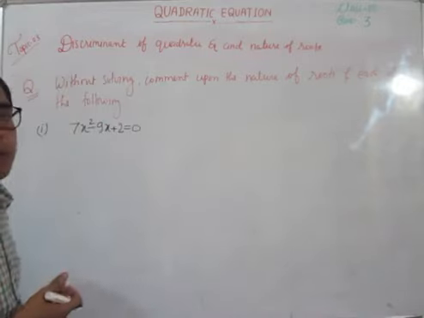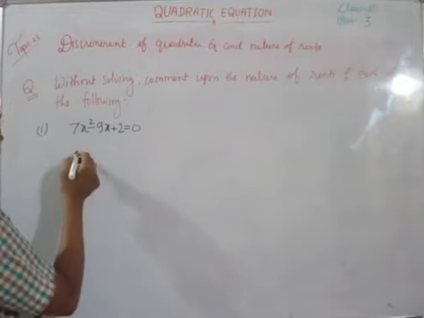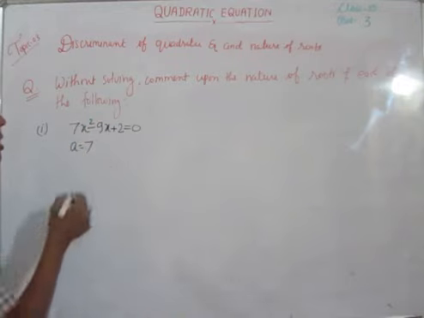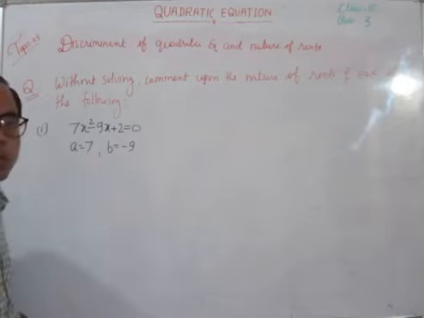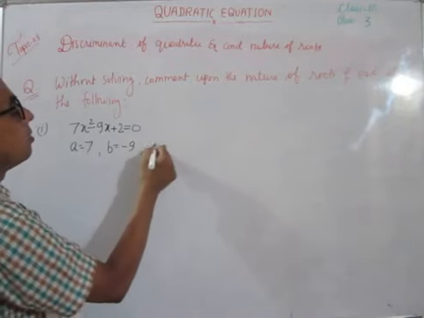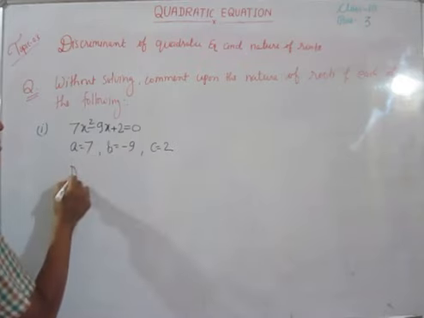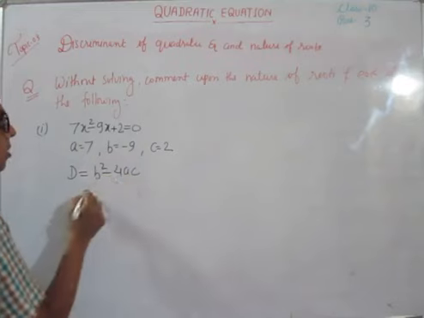So with the help of the discriminant, we can comment upon the nature of roots. So here a is what? 7, the coefficient of x square is called a. Now b is minus 9, the coefficient of x is called b, and the constant term is called c. So c is 2. Now what is the value of the discriminant? b square minus 4ac.